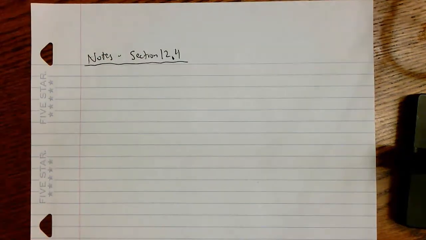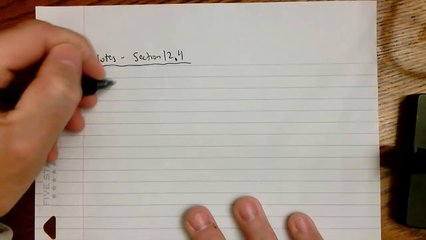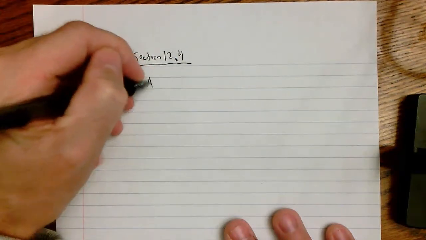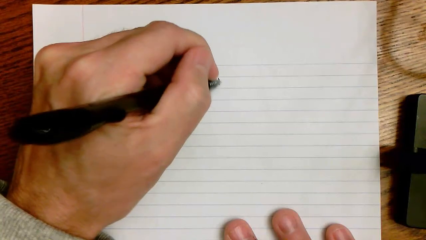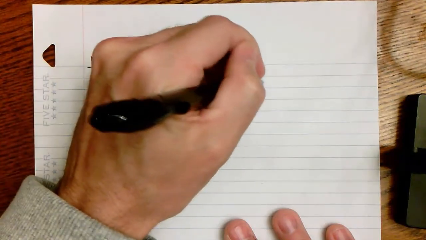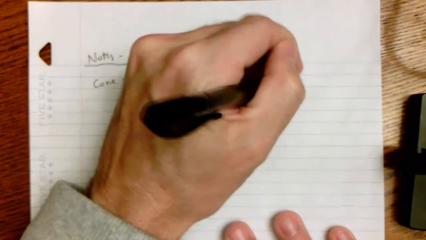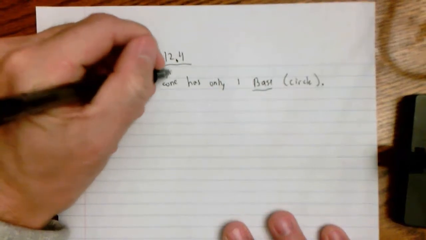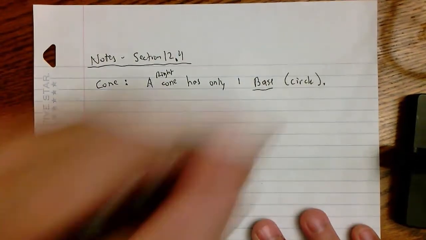Here we go. So the first thing we're going to do is talk about what a cone is. All right, so a cone has only one base, and that is a circle. I should say that we are only going to deal with what's known as a right cone. I will show you what that means momentarily.